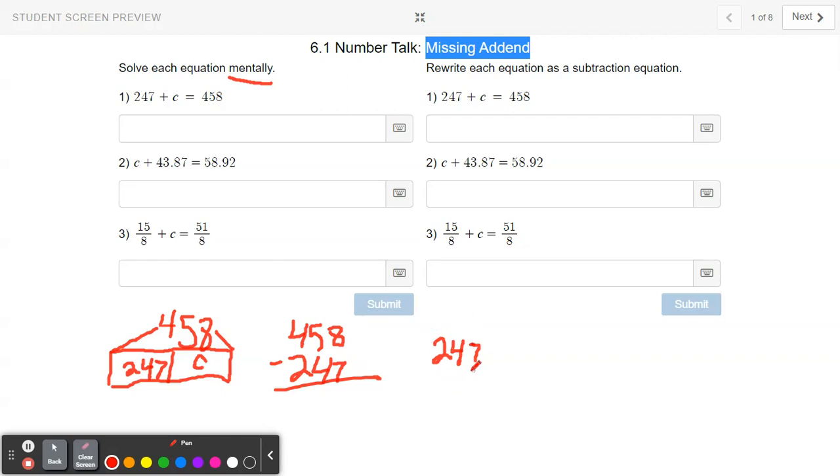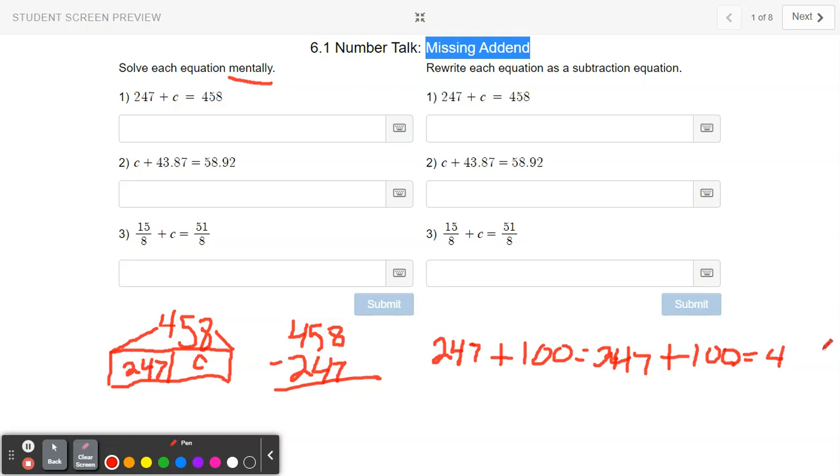So I'm looking at that and I know already, well, if I have 247, if I add 100 to that, because I can easily add on hundreds, I end up with 347. And then I can add another 100 onto 347, and I will have 447, which I know now is pretty close to what I'm looking for.